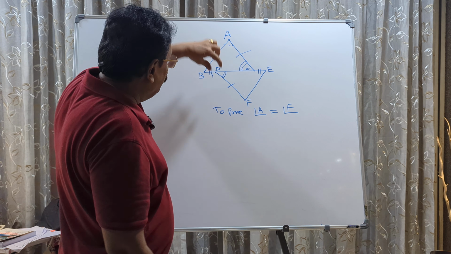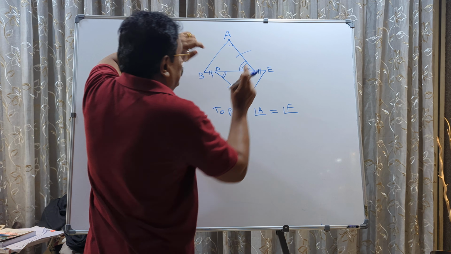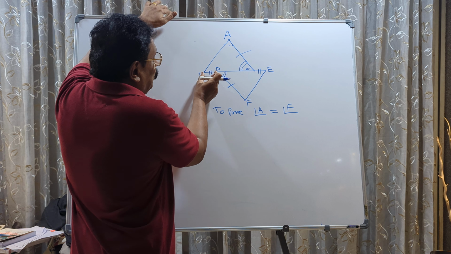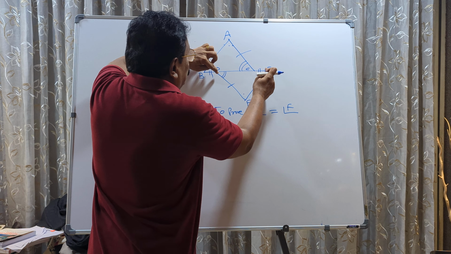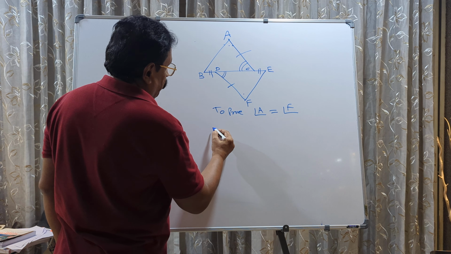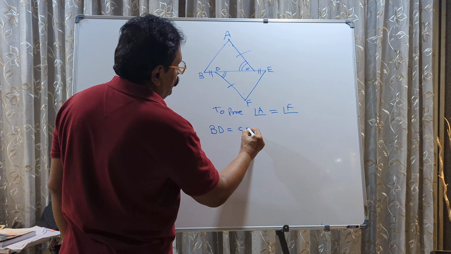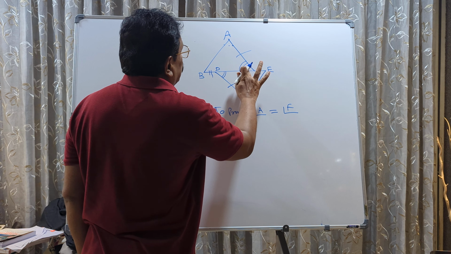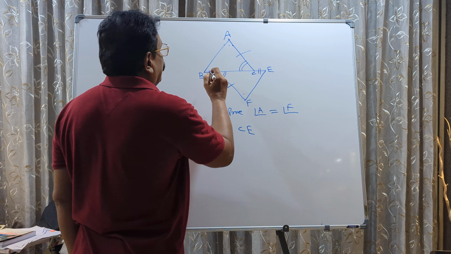What I'll do, I'll make this part equal to this part. See how. They have given this part is equal to this part. I'll say this part will be equal to this part. Let us see how. See, BD is equal to CE. Okay, C is the name, and D is this.